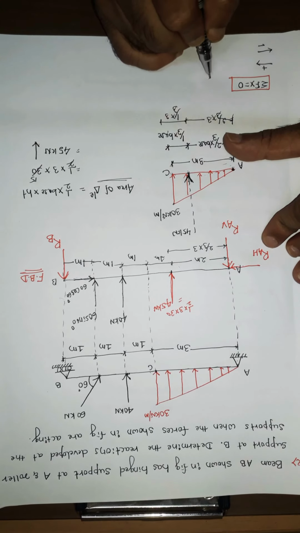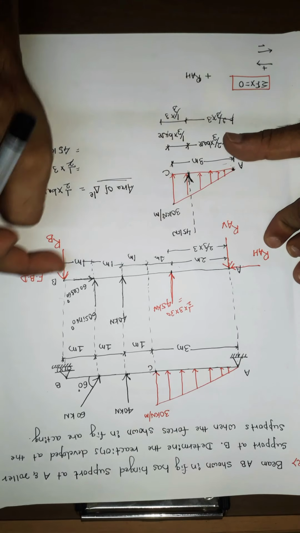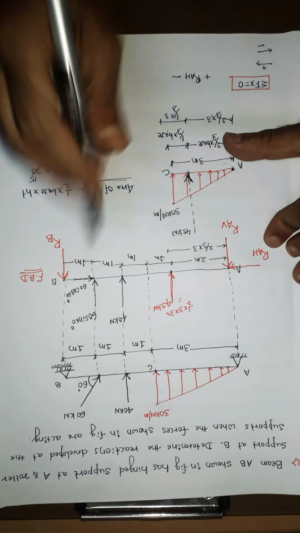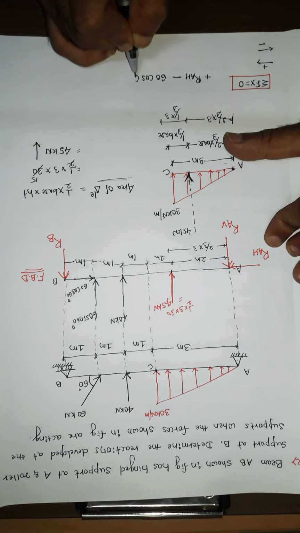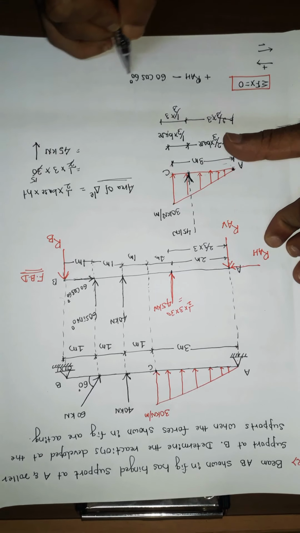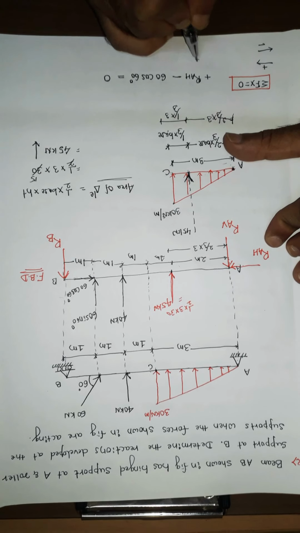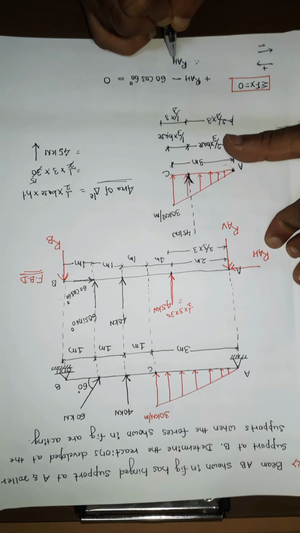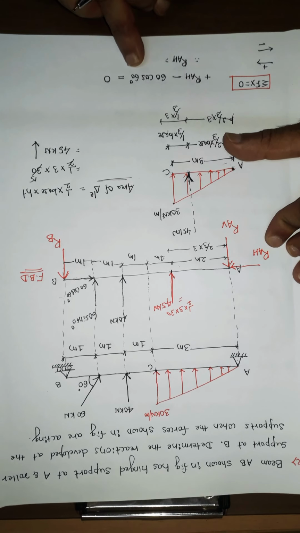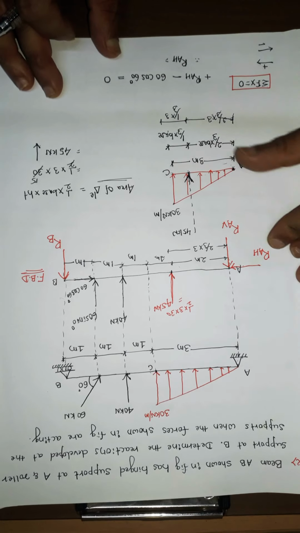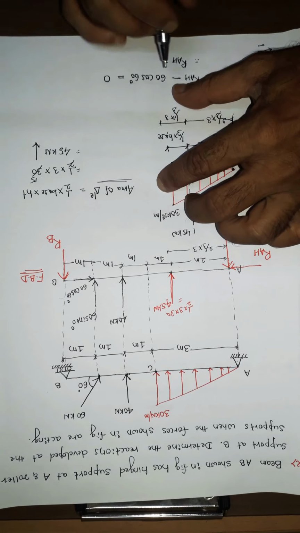So now it is plus RAH, and this is minus 60 cos 60. This is summation Fx, and it should be equal to 0. Therefore RAH is equal to plus 60 cos 60, which is nothing but 30 kilonewton.